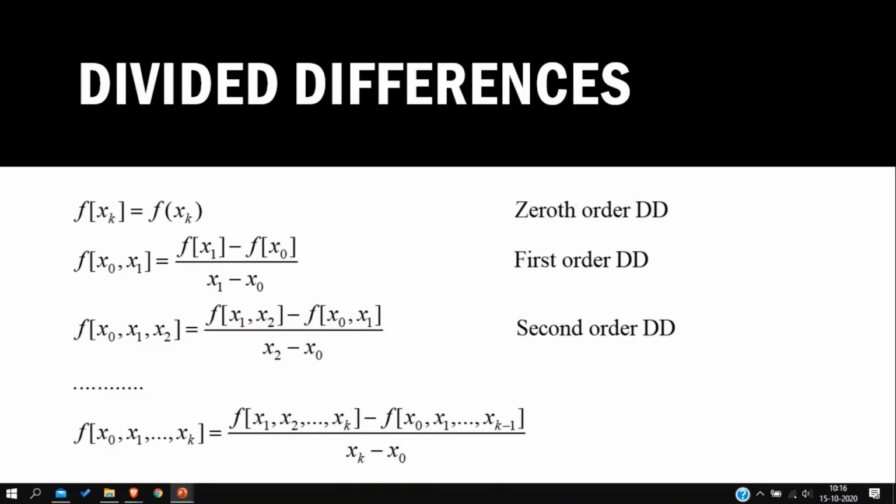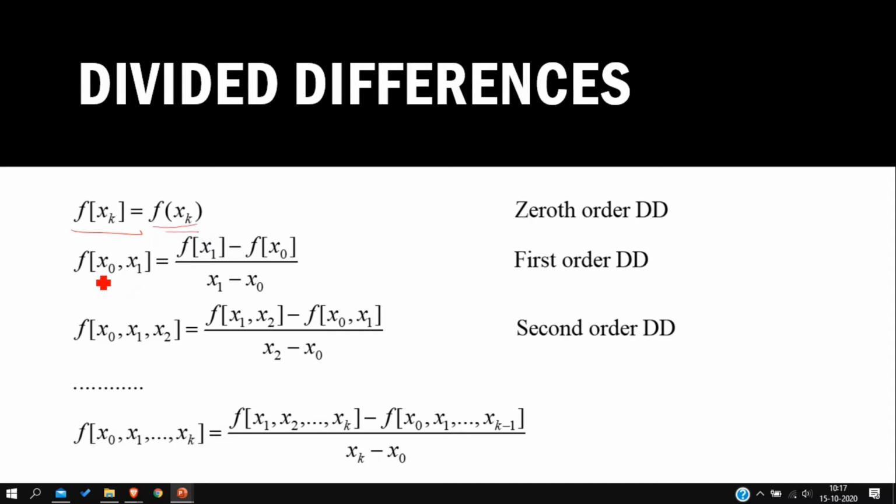That is the first one. This is the simplest thing, that is f of xk. This is the zeroth order divided difference, and it is the same as the function value, that is yk.